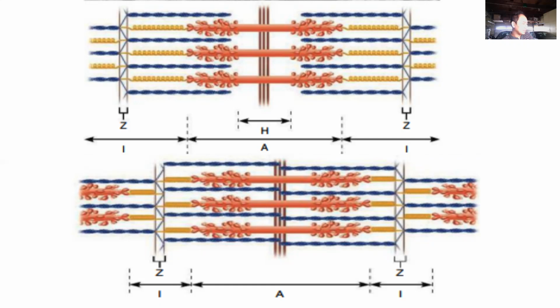They just glide or slide on top of each other. That is what I want you to take from this slide. When the muscle contracts, when the sarcomere is in action, the length of the actin and myosin doesn't change. They just glide or slide on each other. The titin protein here, the length will change.